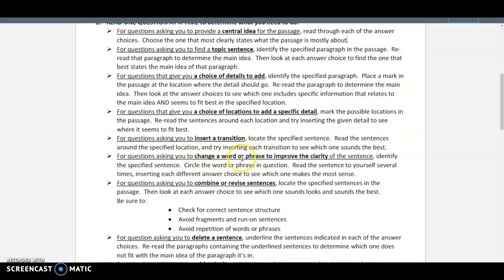For the questions that ask you to change a word or a phrase to improve its meaning, go to the sentence, circle the word or phrase, and read it to yourself a couple of times, not just once or twice, maybe 3 or more times, and put the answer choice to see which one makes the most sense.